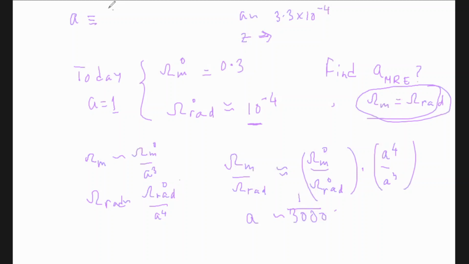A is 1 by Z plus 1. So these things everybody should memorize. So now you tell me, if A value is today this much, approximately, what is the value of Z at matter-radiation equality, the value of redshift?